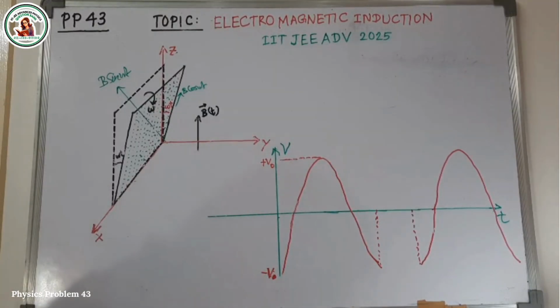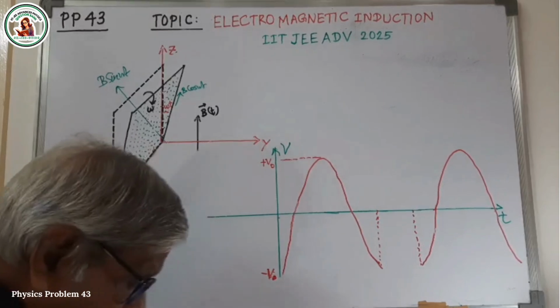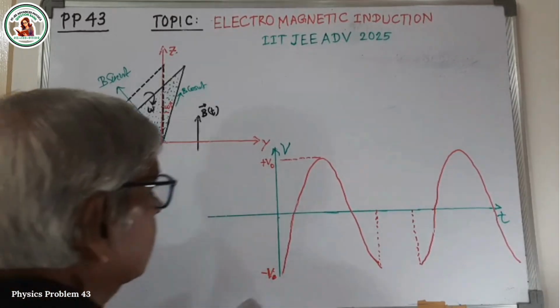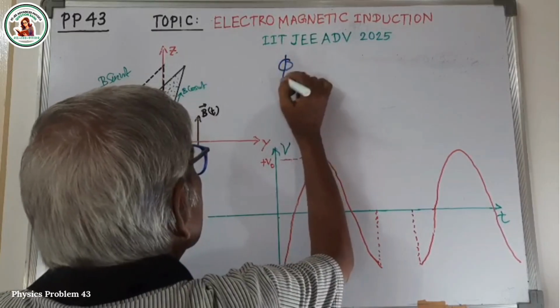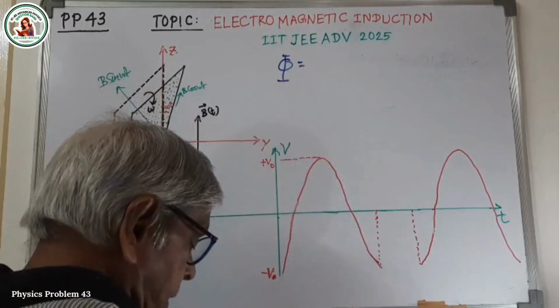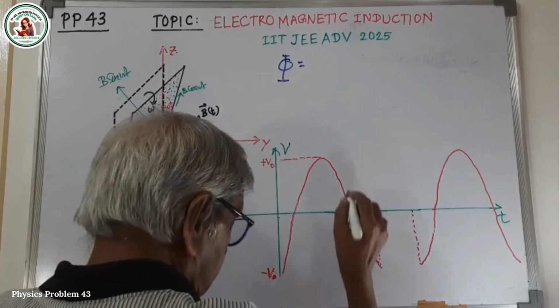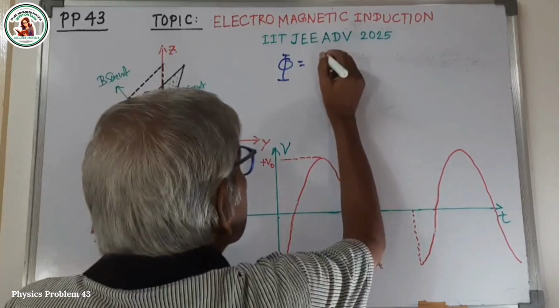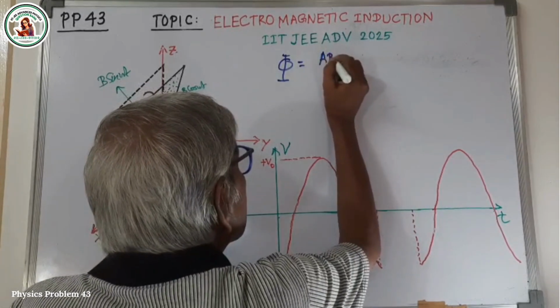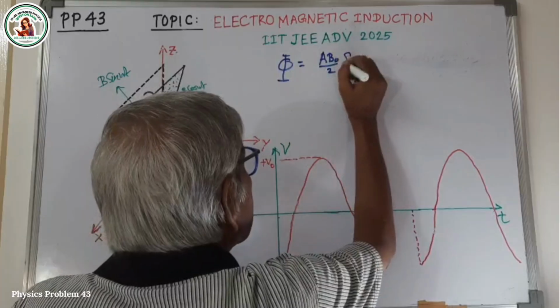We got the expression for the flux: flux equals A B naught by 2 sin 2 omega t.